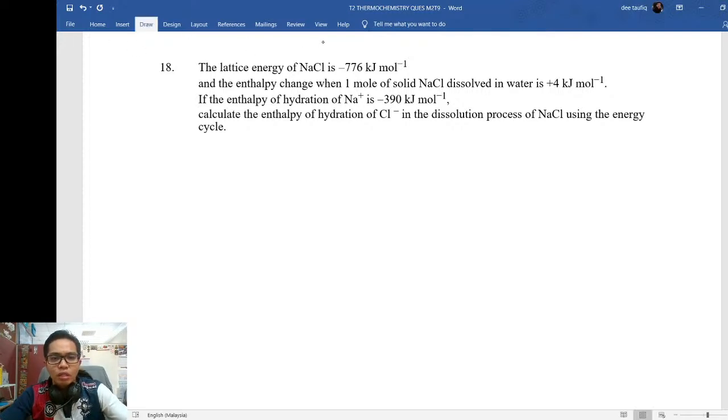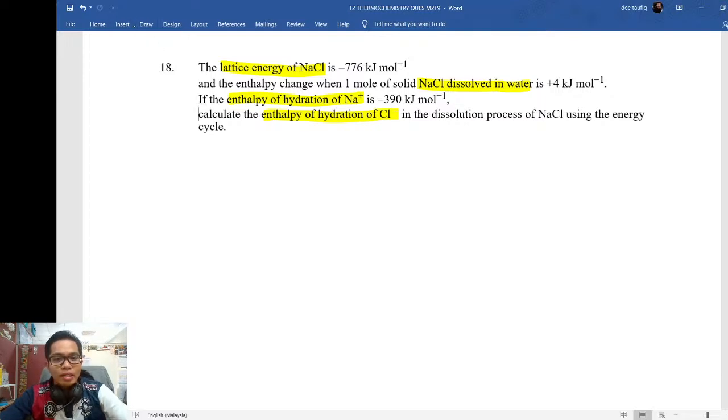So here we have a total of 4: first one, lattice energy NaCl, then NaCl dissolved in water solution, then hydration of Na plus, and last one, hydration of Cl minus. Okay. So kita kena buat satu persatu dia punya chemical equation.